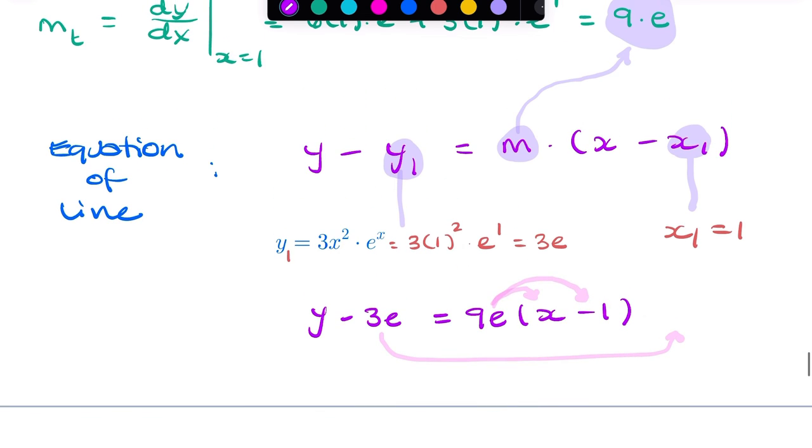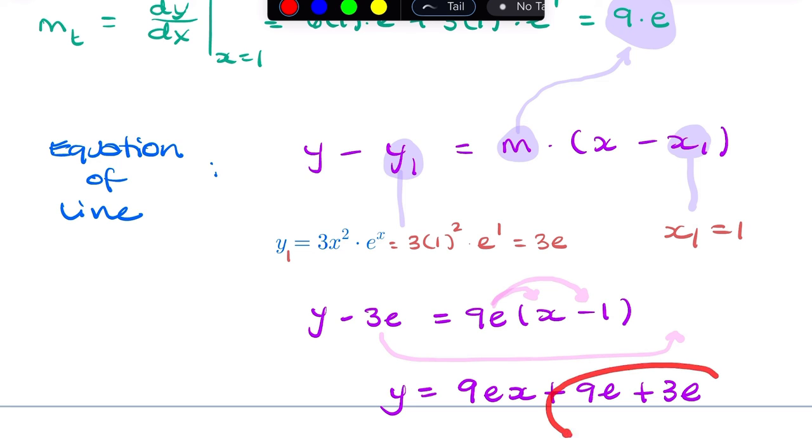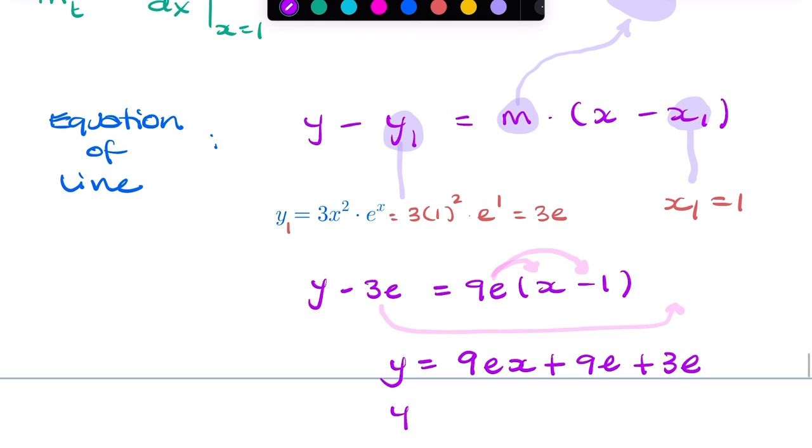So you would end up with, let's write it as y equals 9ex plus 9e plus 3e. And you can add those two together, and it'll give you y equals 9ex plus 12e.